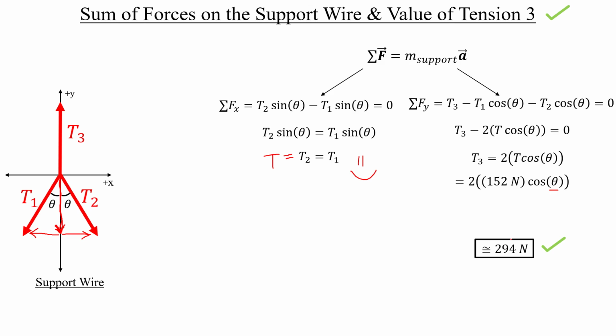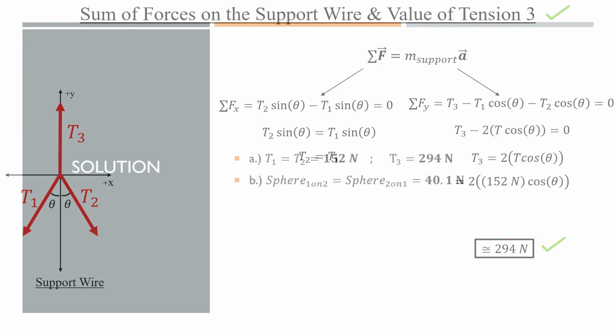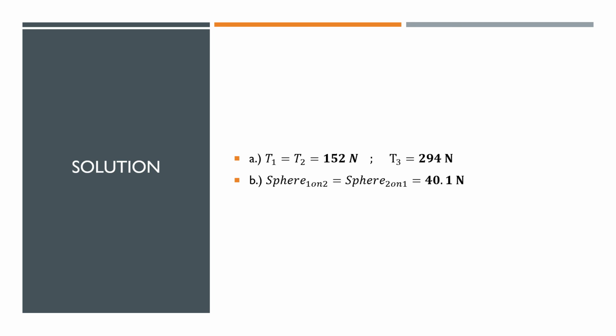Let's move on to the solution card and put everything all in one place so we can see how it all fits in and make sure we answered everything. So in part A, they wanted us to find the tension in wire 1, wire 2, and wire 3. Well, as we saw, the tension in wire 1 and wire 2, they're the same. They're 152 newtons. And for wire 3, it's a little bit bigger.